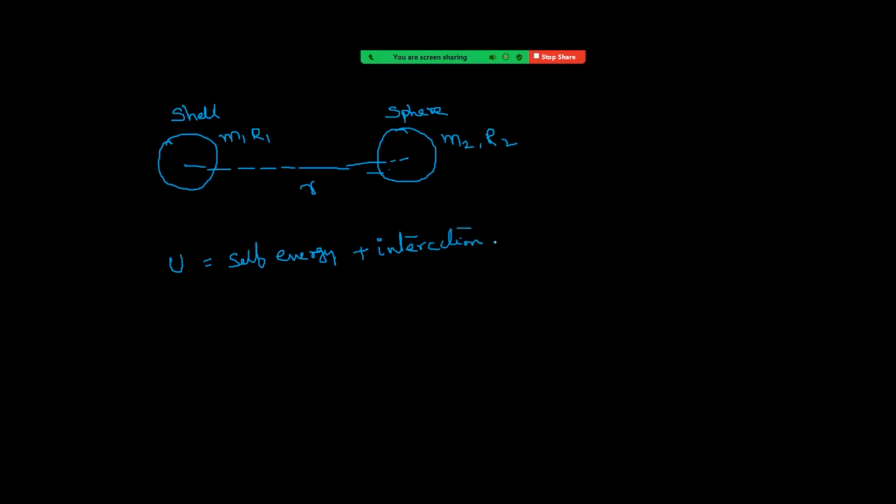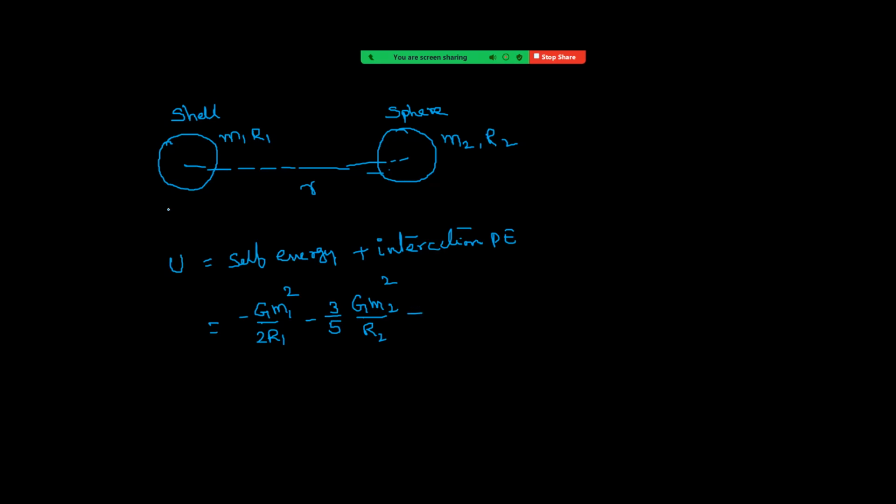Coming to self energy, for the spherical shell it is minus G m1 square by 2 r1, and for the solid sphere it is minus 3 by 5 G m2 square by r2.